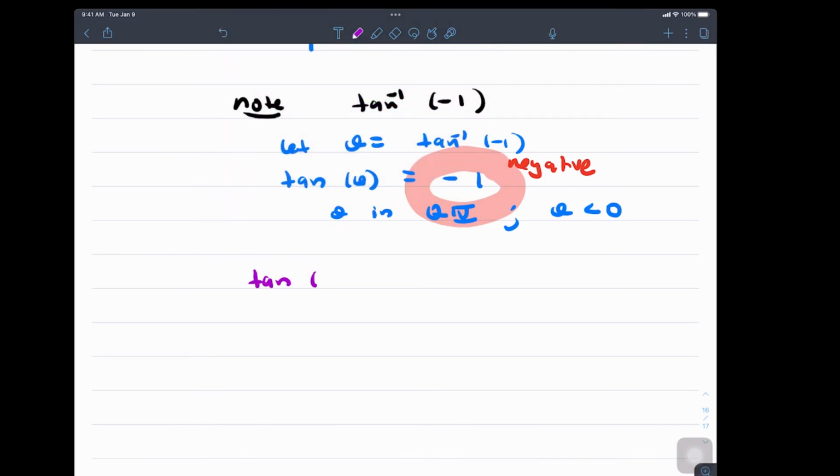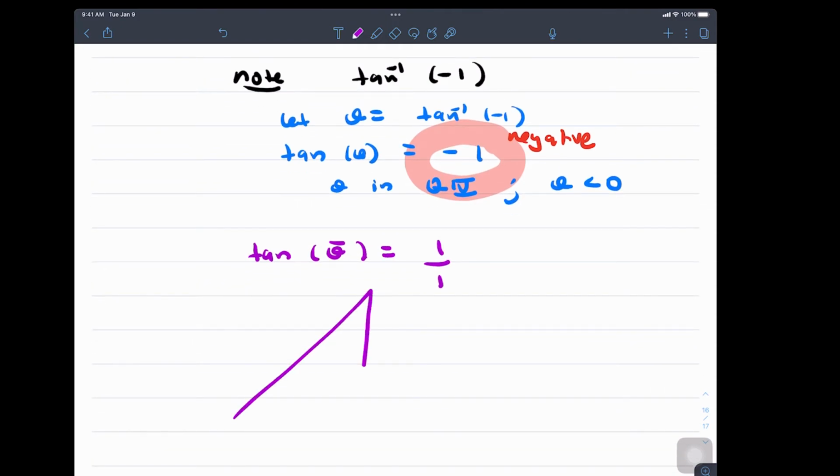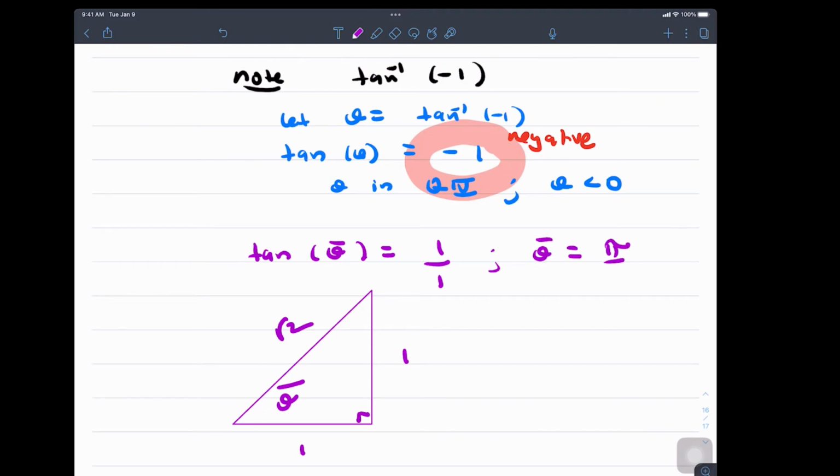If you don't know, we go to the reference angle, and then that's over 1. So all of that information we did prior applies. Theta, 1, 1, square root of 2, and that's the reference angle. So you go, oh yeah, my reference angle is pi over 4.